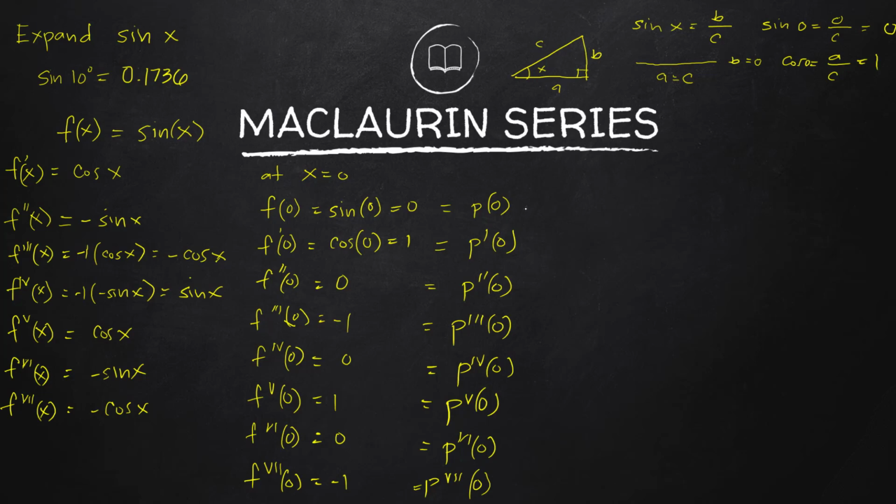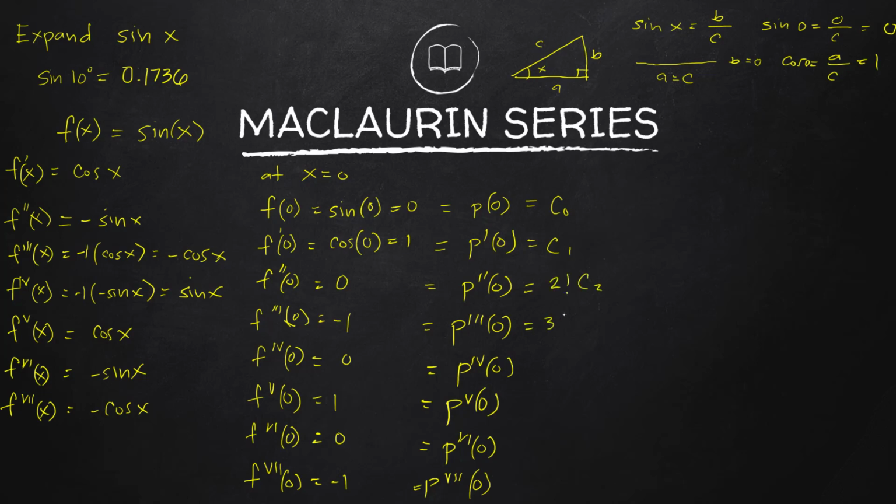But these values are equal to c sub 0, right? Your p prime of 0 is equal to c sub 1. Your p double prime of 0 is equal to 2 factorial c sub 2.